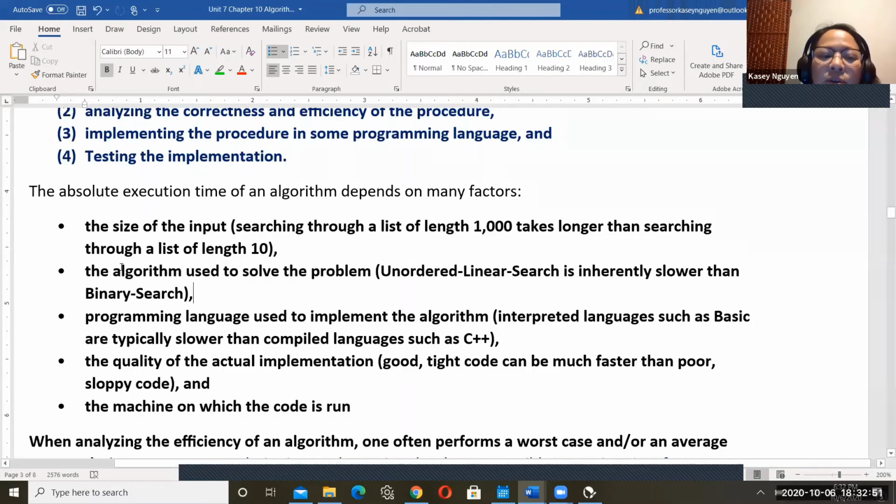The procedure that you implement to solve the problem speaks to your skills, mathematically and programming wise. And then next is when we would implement it with the language. The quality of implementation is that your code needs to be tight, clean, and fast, right?